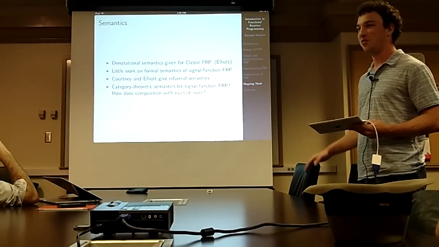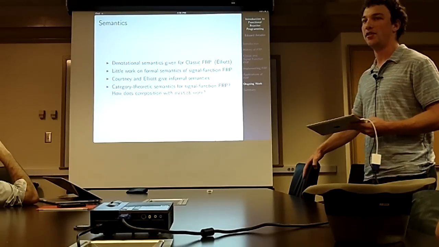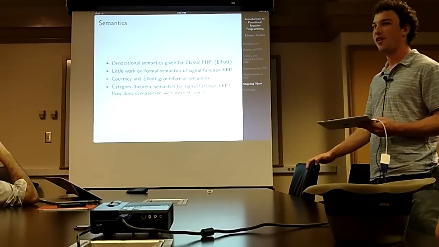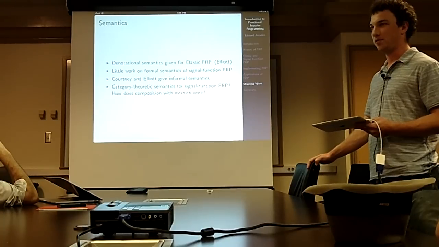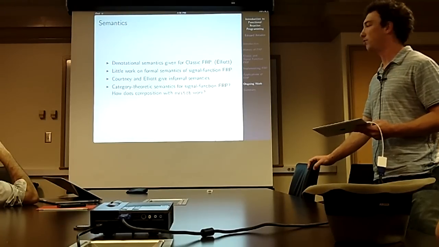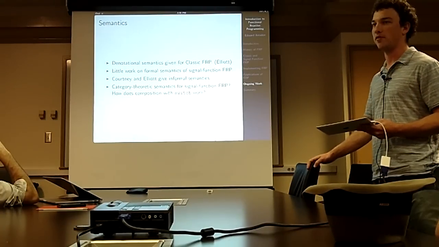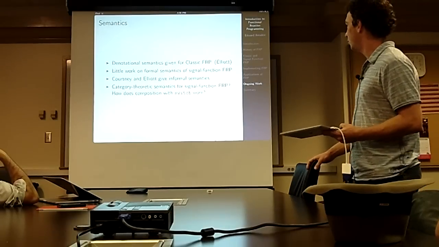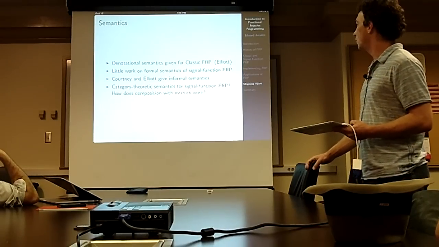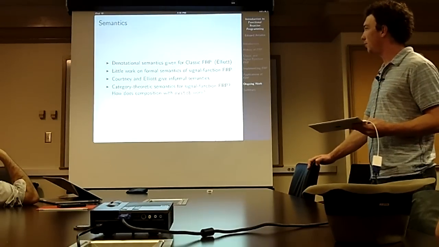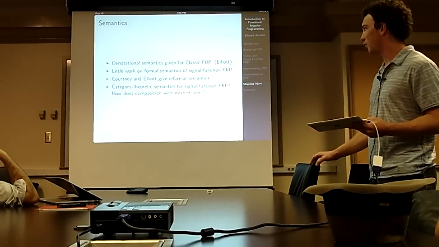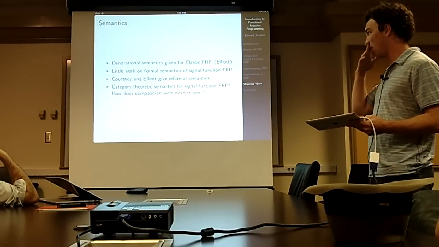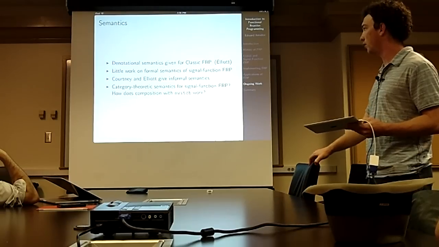In the original signal function FRP paper, the genuinely functional user interfaces paper, there's a two-paragraph sort of informal semantics that signals are functions from time to a value, and signal transformers are functions between signals semantically, which is very unsatisfying. So something I'd like to see is a toehold, how we might make a category theoretic semantics for signal function FRP.